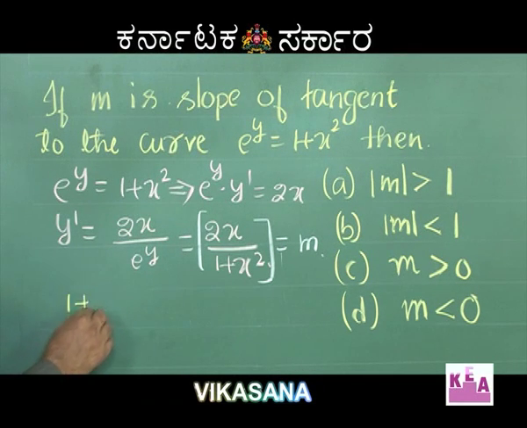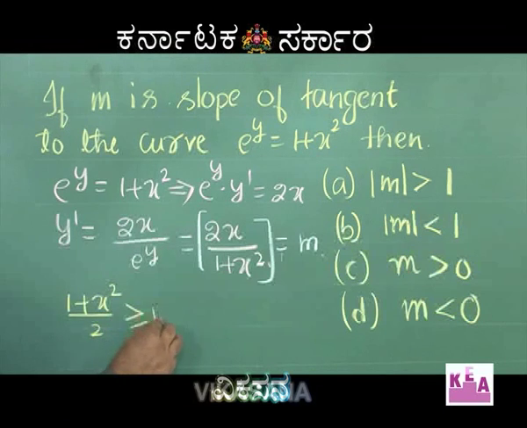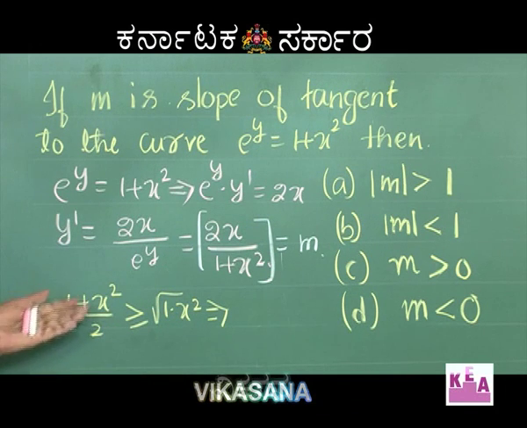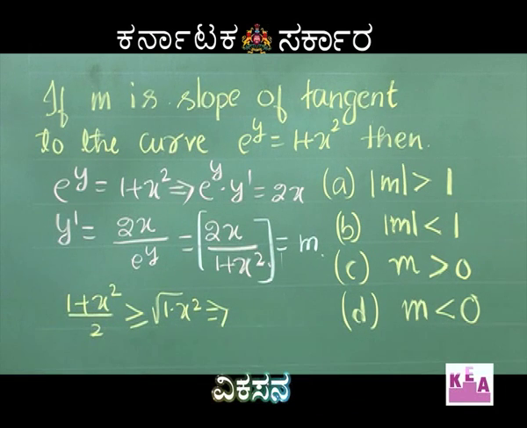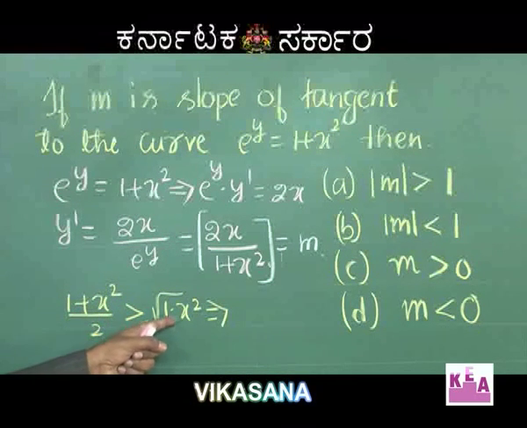1 plus x square divided by 2 is always greater than or equal to root of 1 into x square. Where did you get this, dear students? AM of two numbers is greater than or equal to GM of two numbers. So, 1 plus x square is greater than or equal to root of x square, that is equal to x.